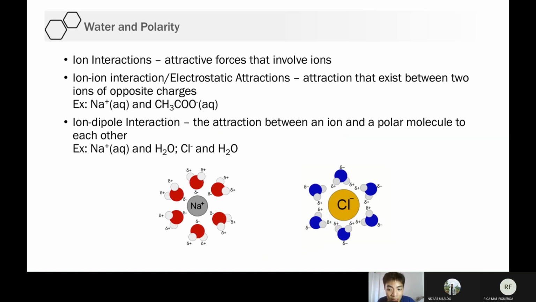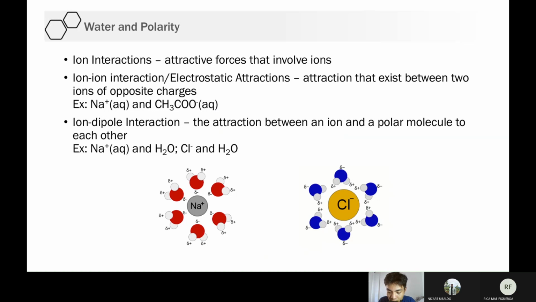And this is the reason why ionic compounds dissolve in water. Not all, but most of them dissolve in water. Why? Because when you place your ionic compound in water, it dissociates into its ions.